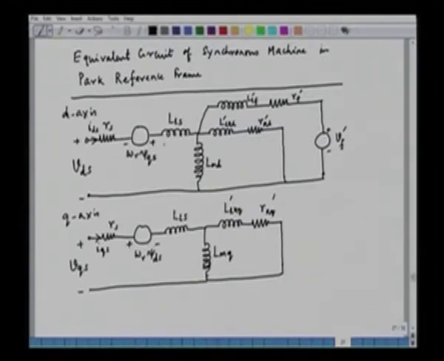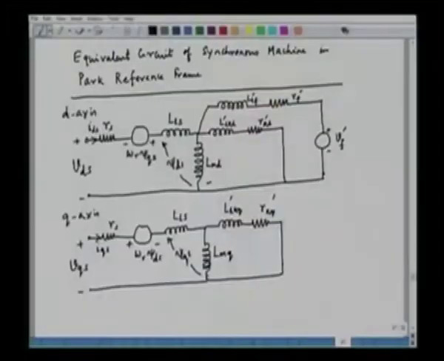And the various fluxes here: this is the stator flux linkage in the d axis psi ds, which includes the mutual flux and the stator d axis leakage flux. Similarly, this one is psi qs, the q axis stator flux linkage, which consists of the mutual flux and the leakage flux.